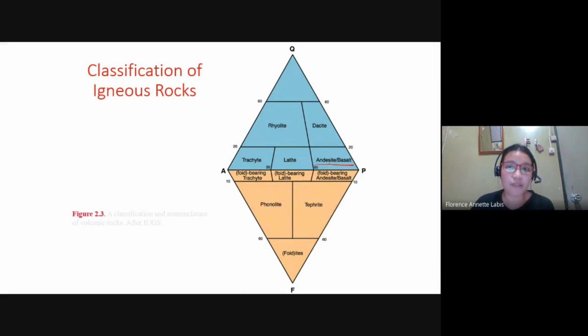So always remember, for andesite and basalt, I will not give the anorthite content, but we're going to talk about its color index or CI. The CI is always based on the color of the mafic or dark minerals. So for example, if you are given an andesite, is its color index high or low?